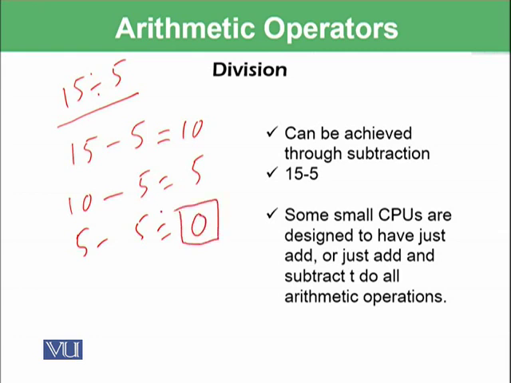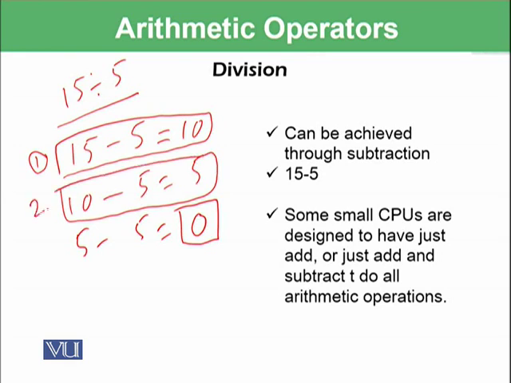As soon as we receive 0, and we must receive 0, otherwise it's not a whole number, we count the number of iterations we have performed. In one iteration we have done this step, so it is 1. Then there is a second, and then there is a third iteration. So this means 15 divided by 5 will give us the answer of 3. So this is a repetitive subtraction until we reach the value of 0.